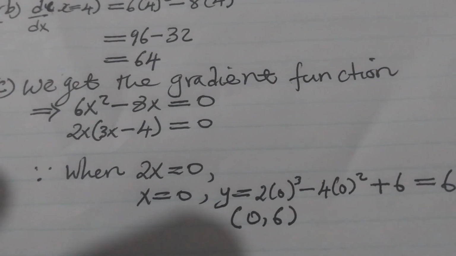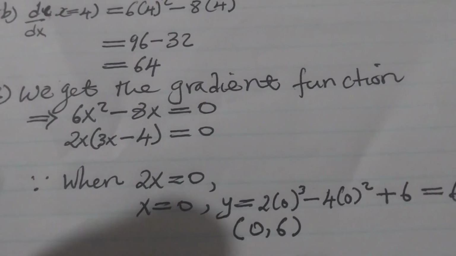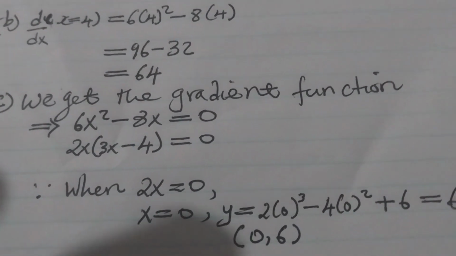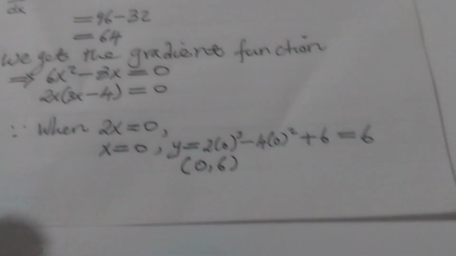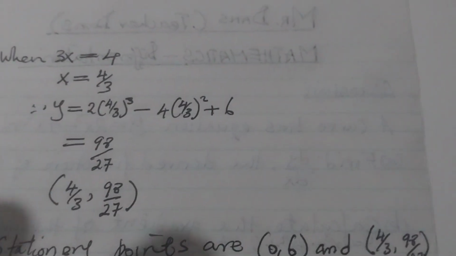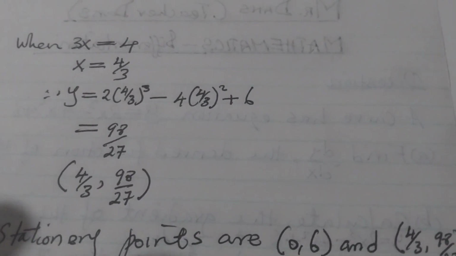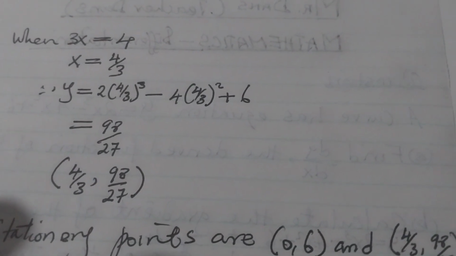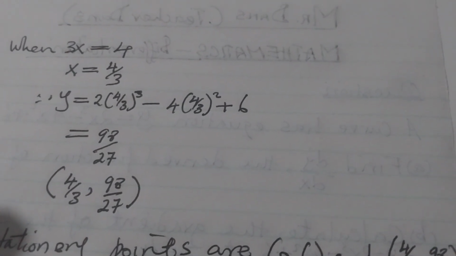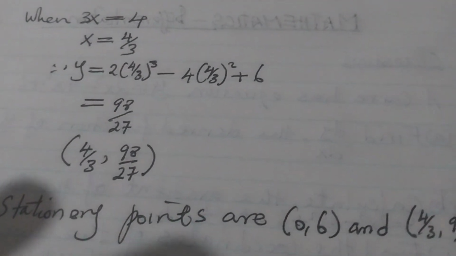So we take negative 4 to the right hand side and we have 3x is equal to 4. Therefore, if we divide both sides by 3, x is going to be 4 over 3.